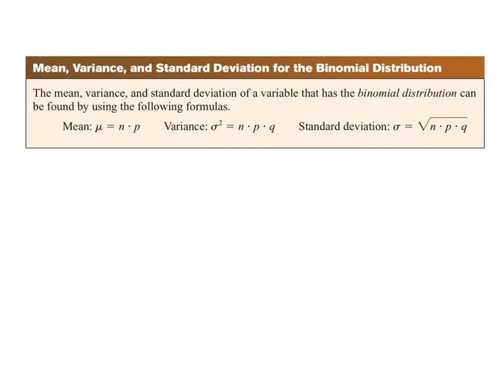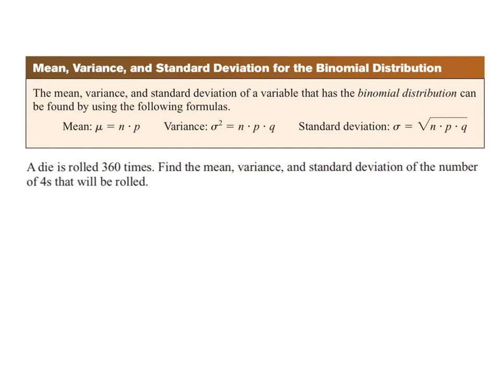Let's go through an example of that. You need to know what n, p, and q are. In this case, they're rolling a die 360 times. We want to find the mean, variance, and standard deviation. So what does 360 represent? The n, the number of trials.